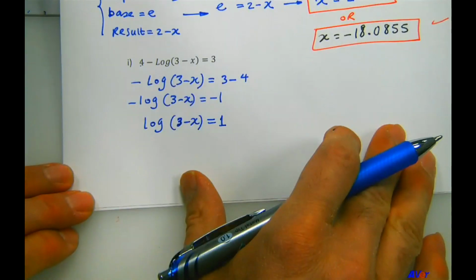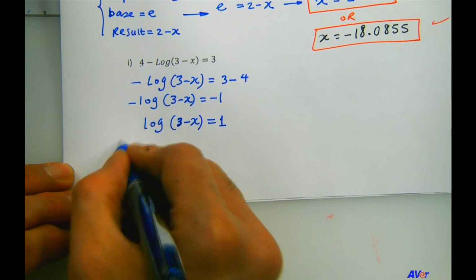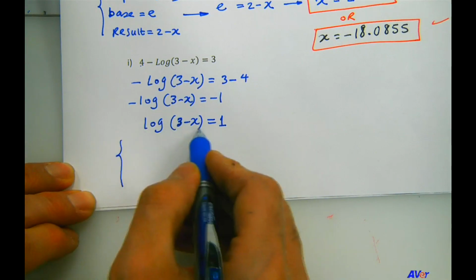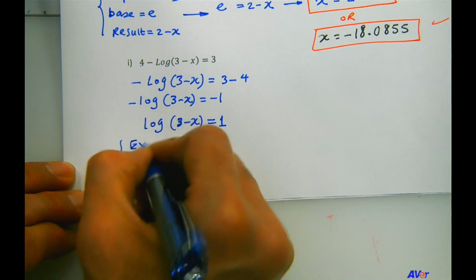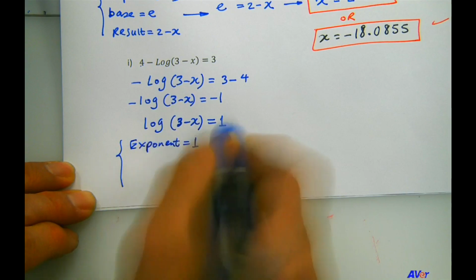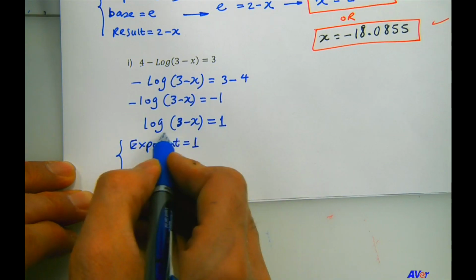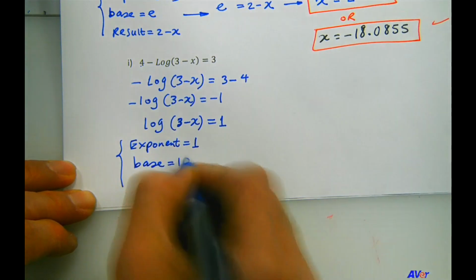Right? Okay, so from this, we know that log and natural log functions generate an exponent. So this 1 is an exponent. Equals 1. To what base? The base is left blank, so it means it is equal to 10.